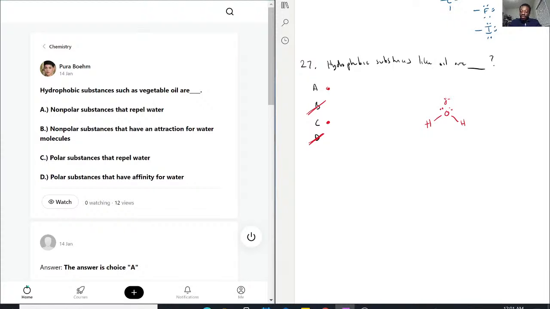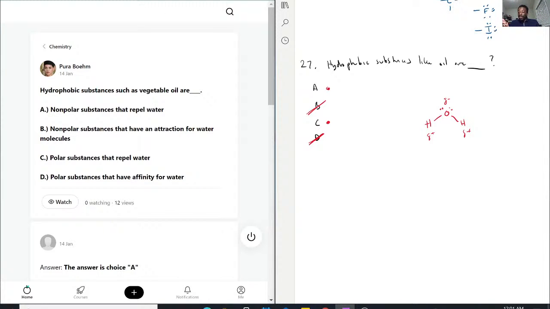Here the oxygen is where the negative is, and the hydrogens are where the positive sides are. By having a positive and a negative side, you almost literally cannot be a polar substance that would repel another polar thing. Because if you repel the negative side, you attract the positive side. It just flips over and bam, you're attracting it. So polar substances just can't repel other polar substances. They'll find a way to attract each other, whether it's through reorientation or something like that.